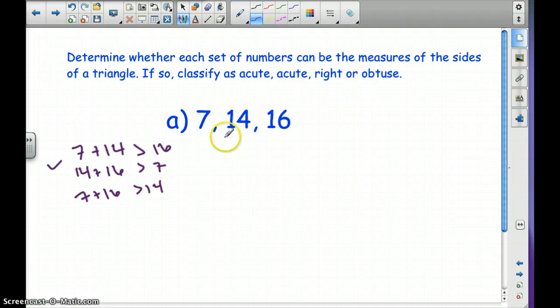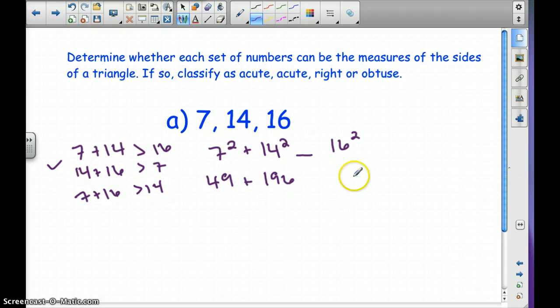Well, these are our two legs, so 7 squared plus 14 squared. What is that going to be compared to 16 squared? Well, 7 squared is 49. 14 squared is going to be 196. And 16 squared is going to be 256.